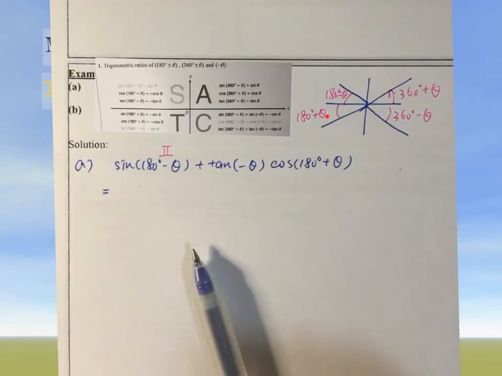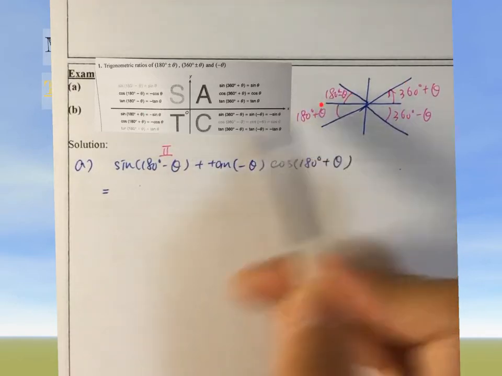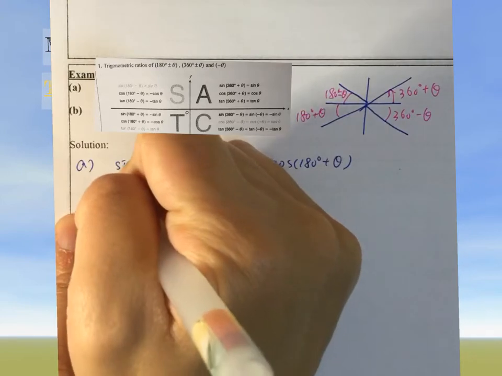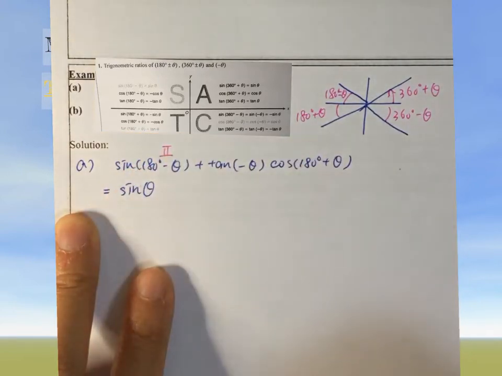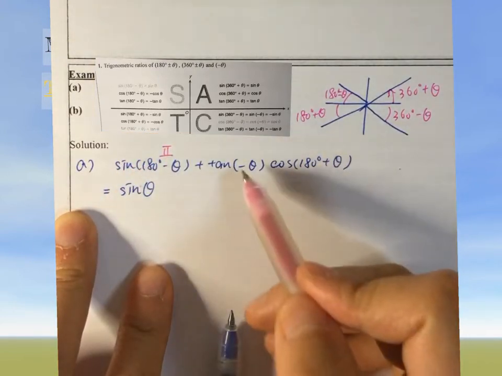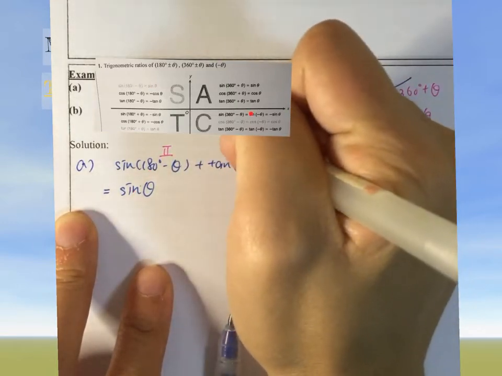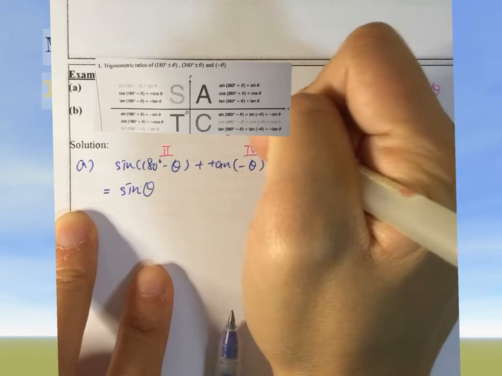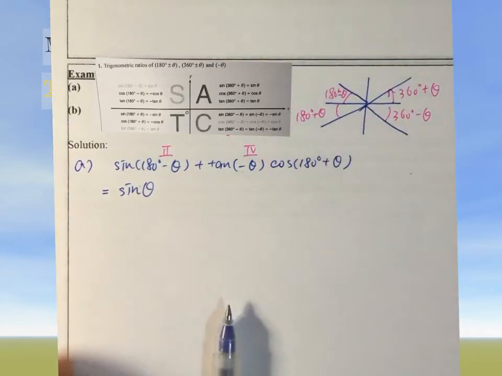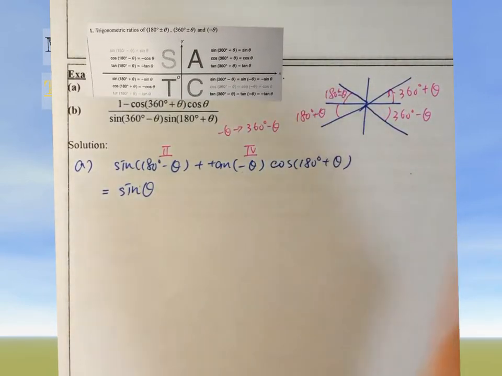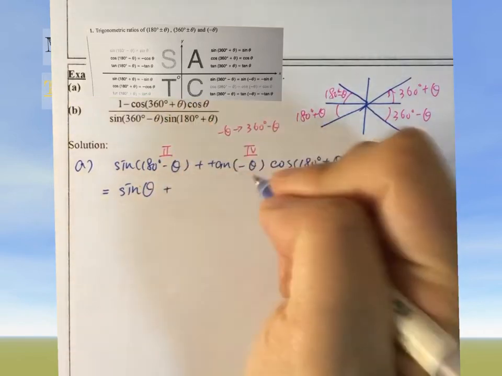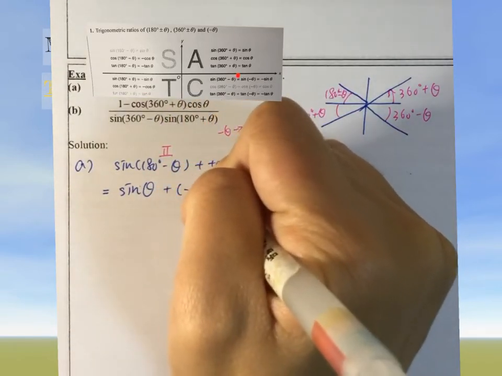Just draw the 4 important angles and you can refer to it to check out the quadrants easily. So you can see that this is for sine theta, which is quadrant 2 is positive, and then this is quadrant 4, because you can change it by having 360 degrees minus theta. It's also quadrant 4. Okay.